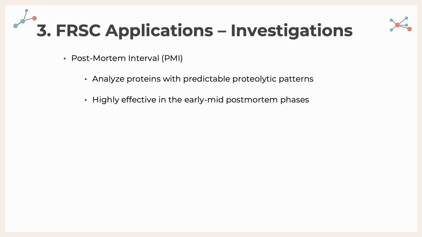So this is what predictable proteolytic patterns means. You could essentially predict how long ago someone died based on the concentration. And this is actually highly effective in the early to mid postmortem phases. It's important to note that the concentrations in any validated studies for postmortem interval have been validated via SDS-PAGE and Western blot experiments. If you're unfamiliar, SDS-PAGE and Western blot are just other ways to determine concentration of protein.